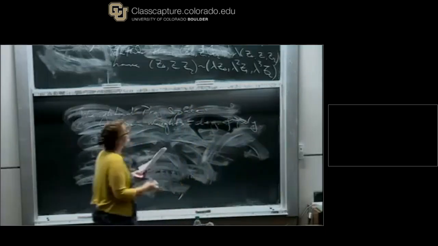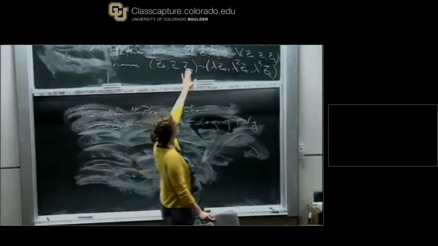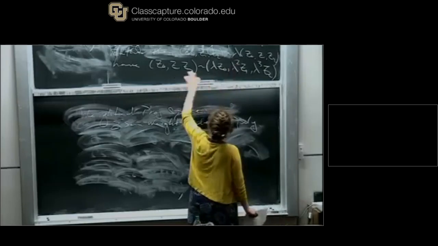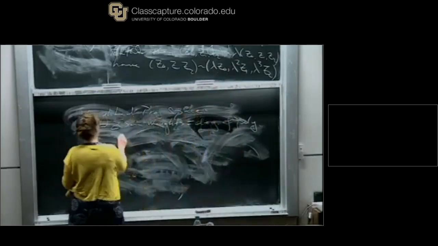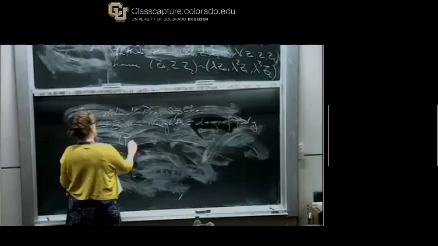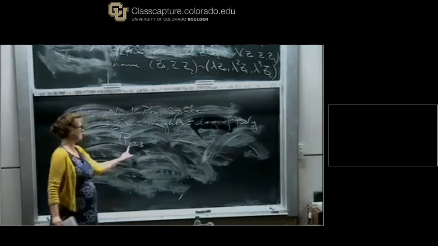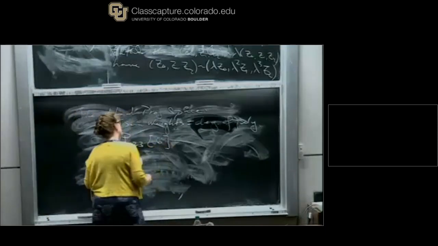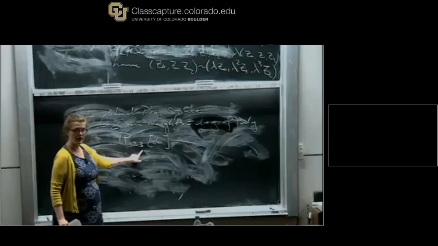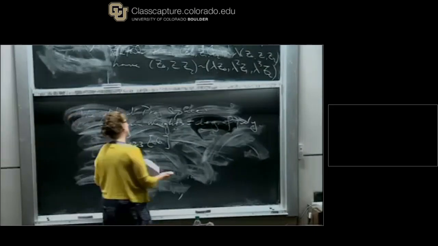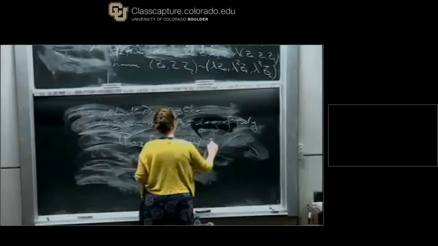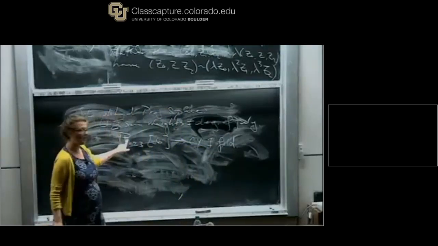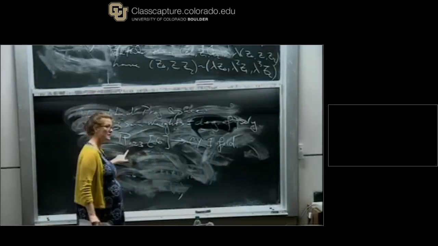So for example, here this would be CP2, because I have 3 coordinates identifying 1 to a scale. That gives me a twofold. Here this is weighted CP2. So for example, this is written as P1,2,3, where I'm telling you the weights of each coordinate as the subscript. And if I write down a polynomial of degree 6, which is homogeneous with all the right terms in x, y, and z, this guy is a Calabi-Yau one-fold. 2 complex dimensions for the ambient space, 1 equation. This satisfies the Calabi-Yau condition.